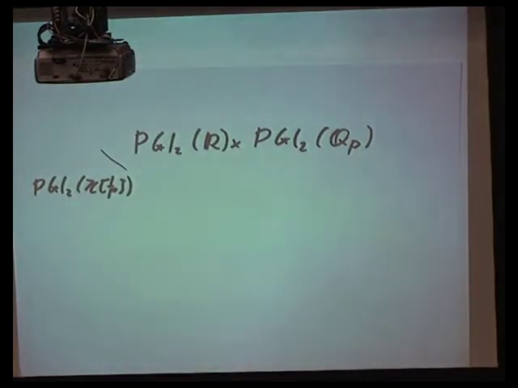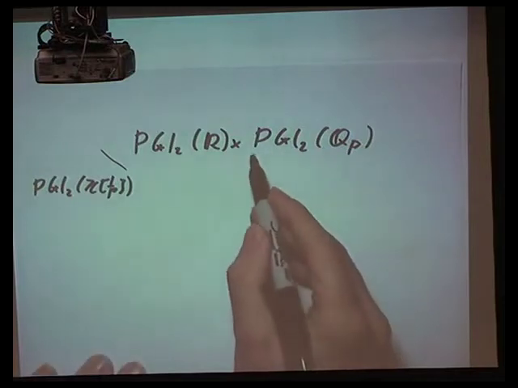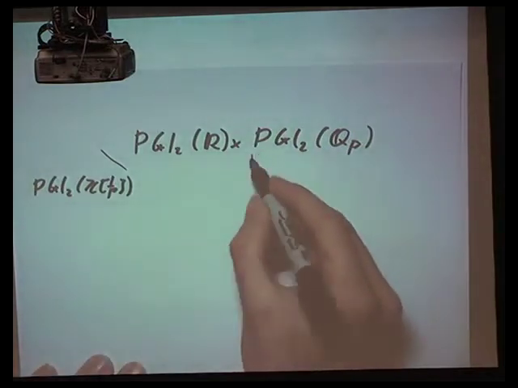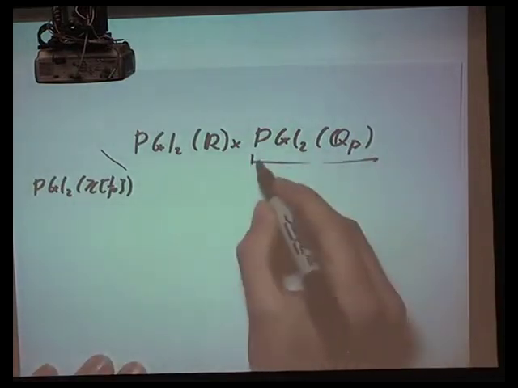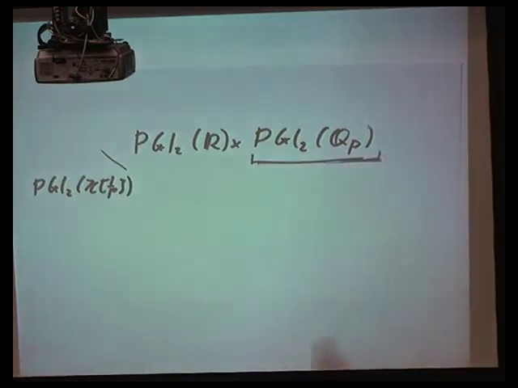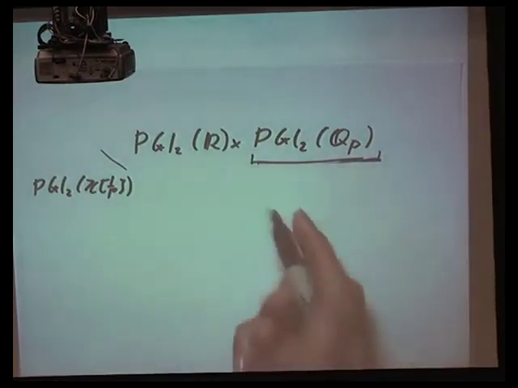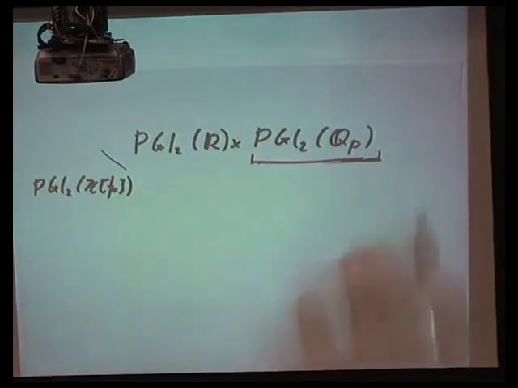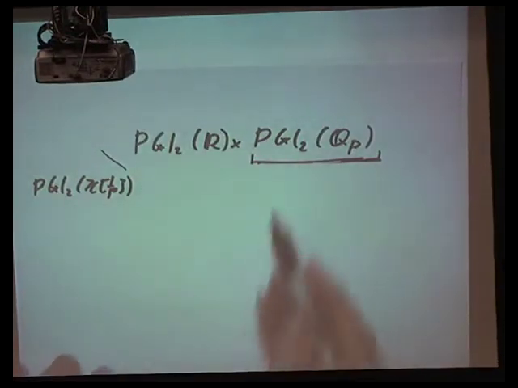And this p-adic group acts on this space, right? I mean, it's a subgroup of the group that I take a quotient of. So of course this group acts on this space.